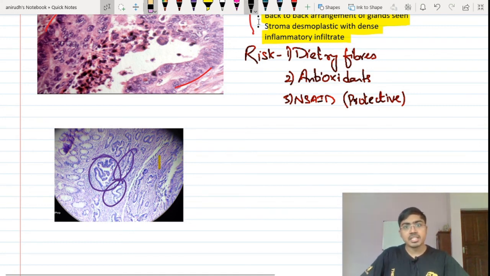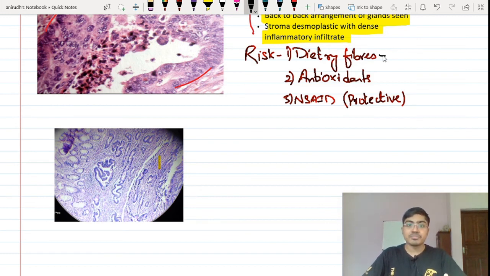So if you talk about the risk factors, they include dietary fibers. You might know what is meant by this very basic term of dietary fibers. You might have heard that even in Indians, this adenocarcinoma colon has a lesser amount of predilection because fibers are very much high in the diet followed by Indians. It's a sentence that is there in all textbooks, isn't it? Although we don't know the latest edition of everything, yes, dietary fibers are supposed to be protective in nature.